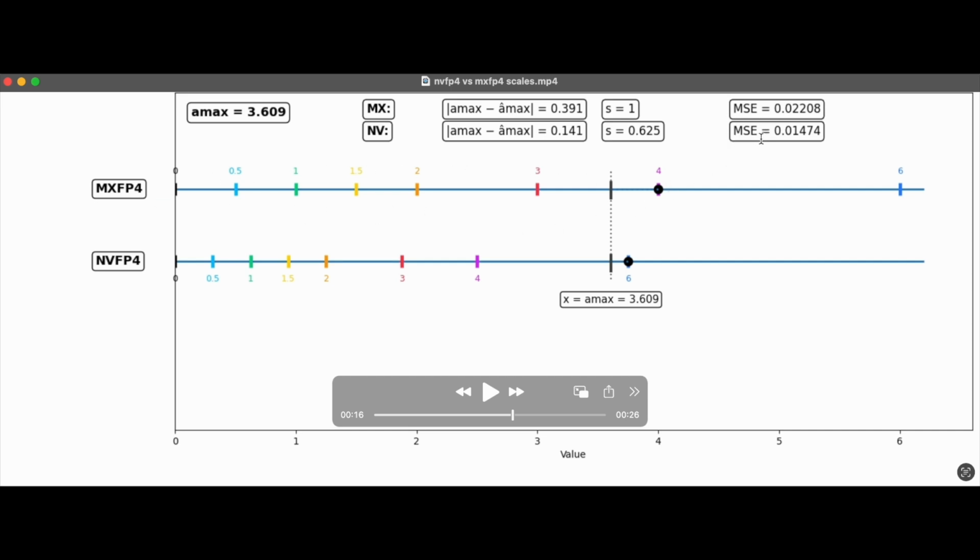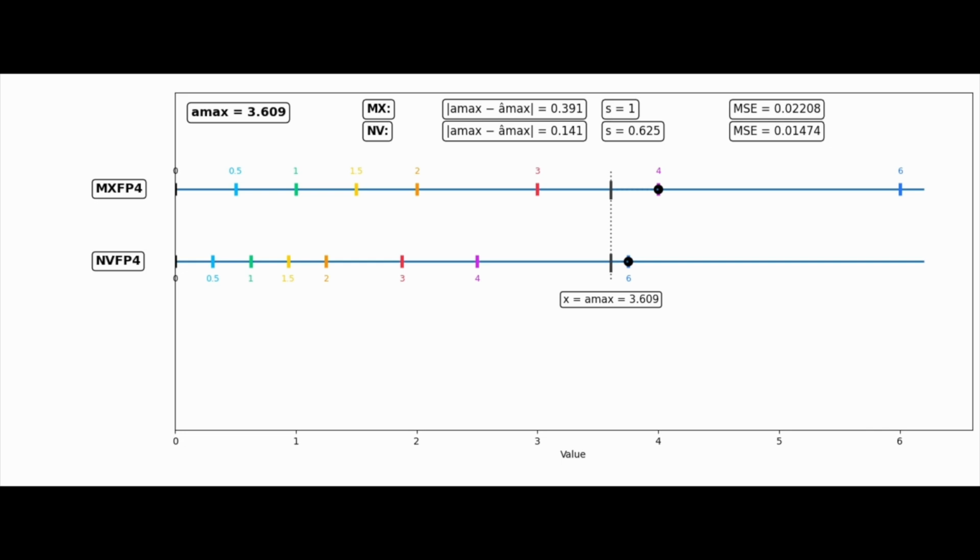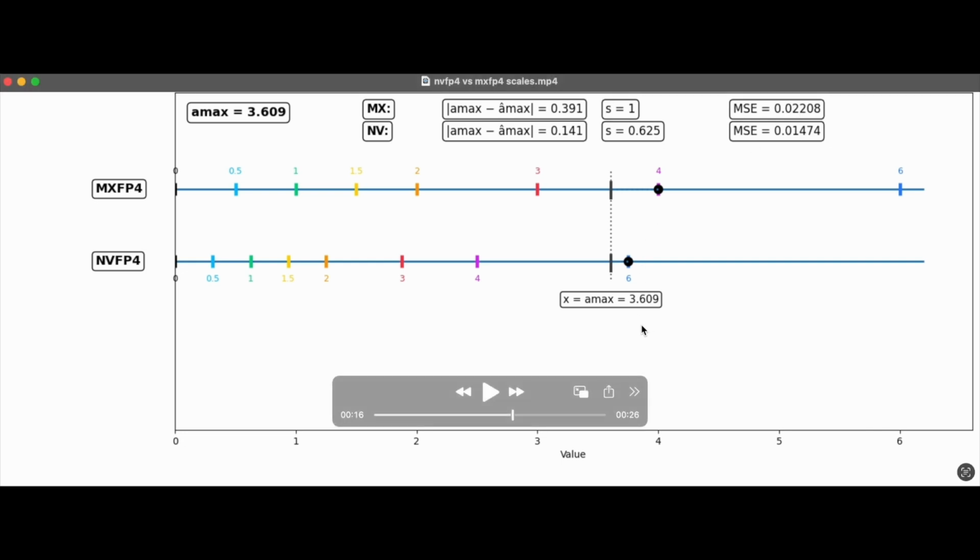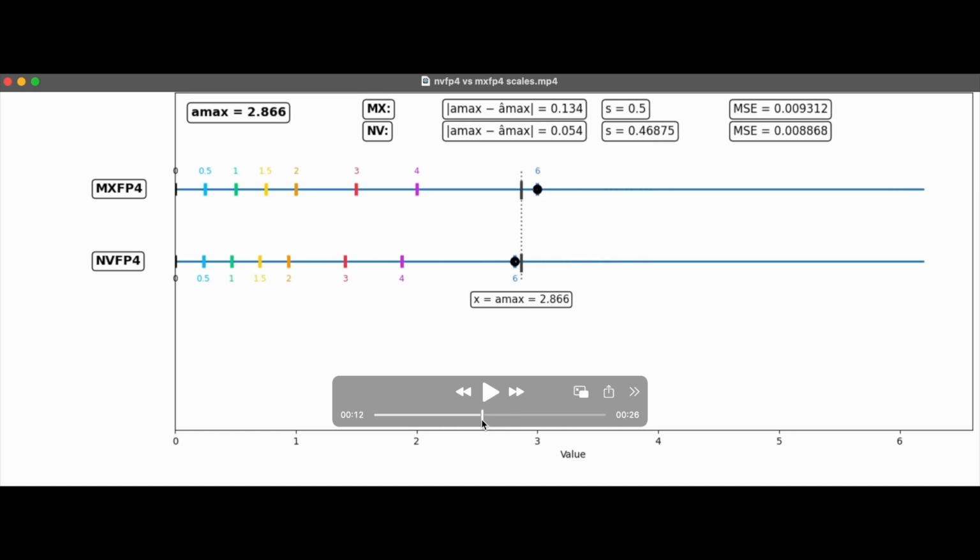Now you might ask, is this just a very specific example? Actually, it happens quite frequently. Let's look at another example. Here, the maximum value is 1.898.